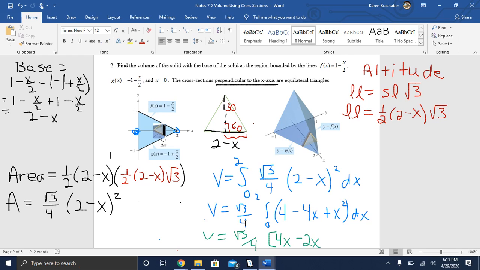That'll give us 2x squared plus x to the third over 3. And this is evaluated from 0 to 2. Substituting in the 2 and the 0, you'll get the volume equaling 2 square root 3 over 3.